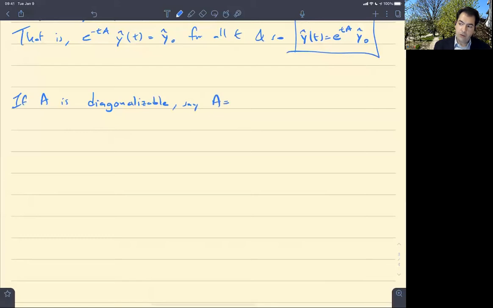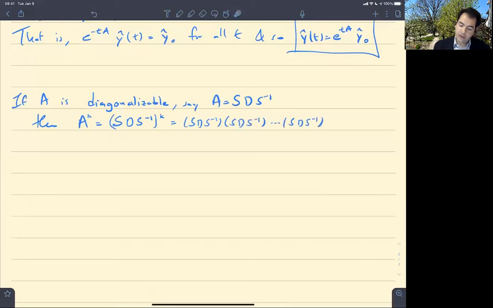let's say A is equal to S inverse with the diagonal matrix, then the kth power of A is, well, the kth power of this product. And if you write this out, and of course, all of these intermediate S inverse with S's cancel out.